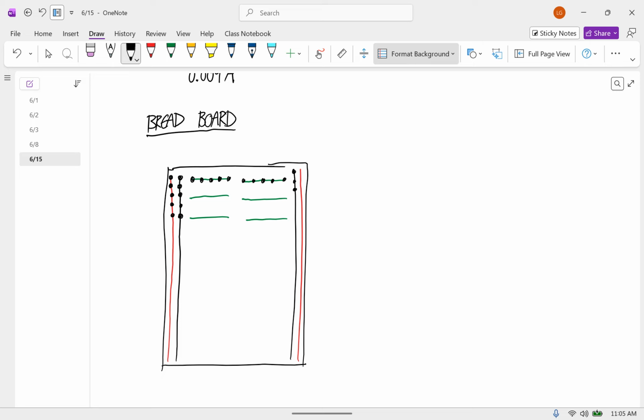But the idea is that anything that's on these lines that I've drawn on here is part of a node. Okay.